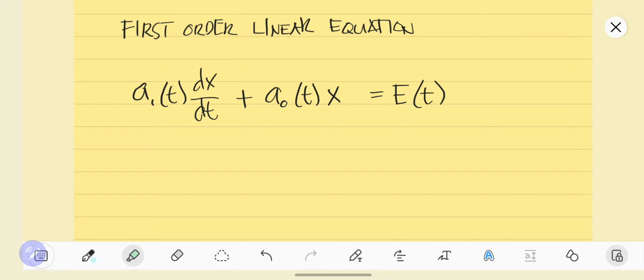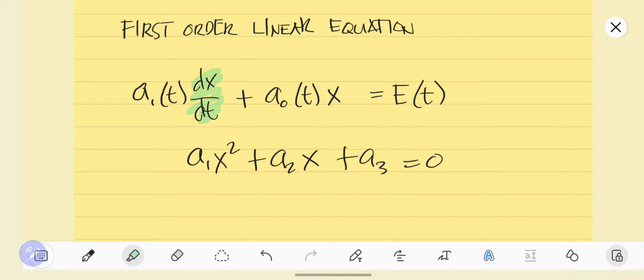Like in our algebra, this is like a sub 1 x squared plus a sub 2 x plus a sub 3. So it is like a polynomial equation, but the only difference is that this has a derivative in it.